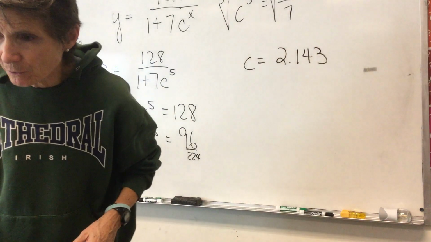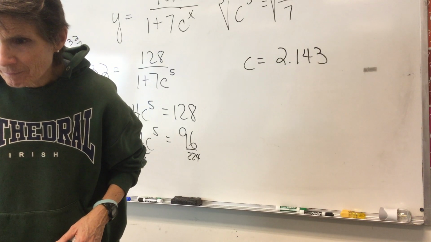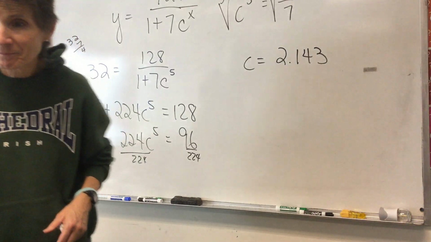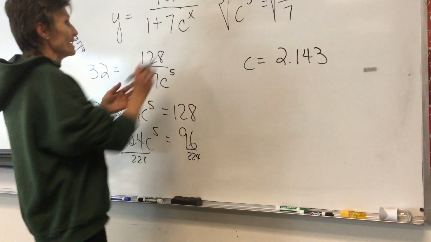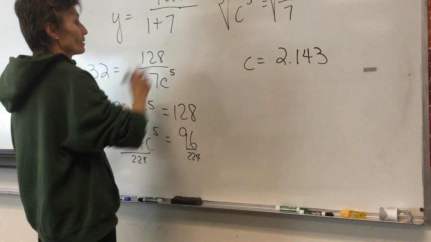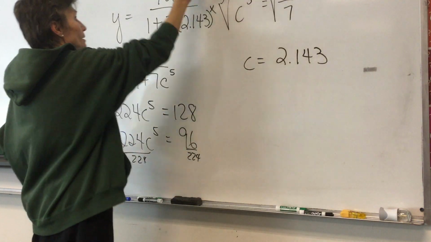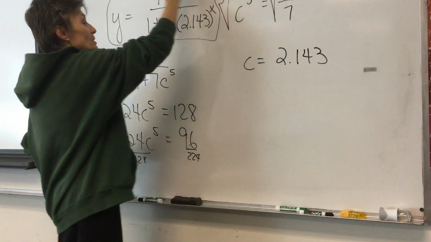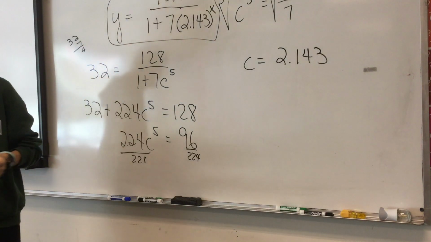Ollie, where are you? In Florida? Okay, so don't forget to write your final answer. You need your whole equation with all of your values plugged in that you found.